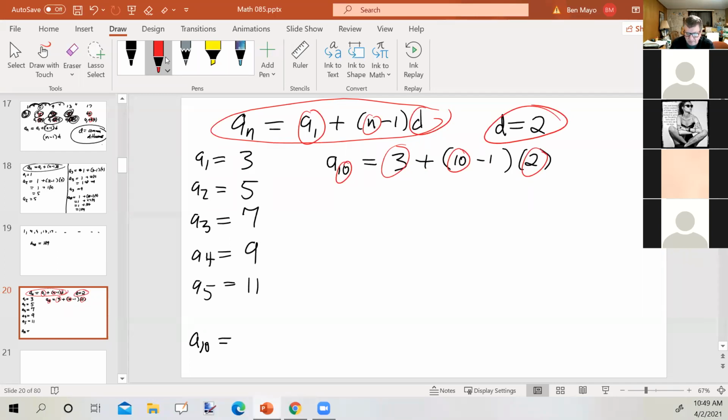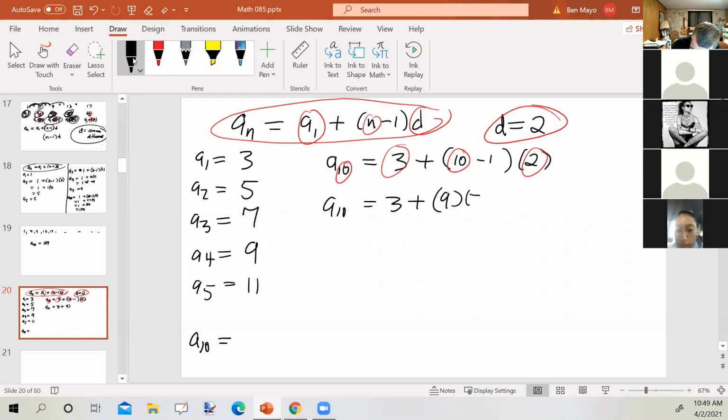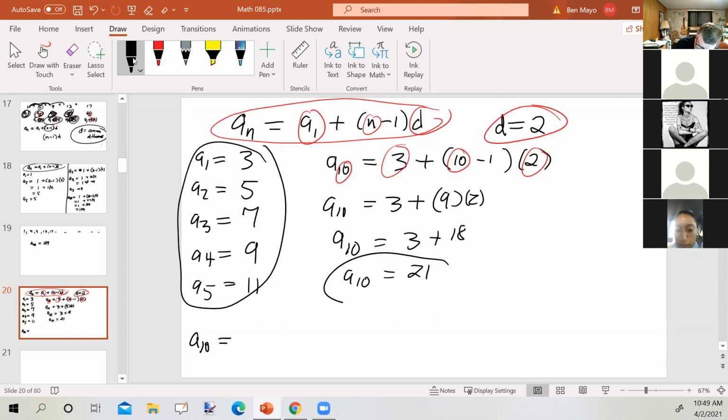Any questions yet? All right, so a sub 10 equals 3 plus 9 times 2, 10 minus 1. A sub 10 equals 3 plus 18, a sub 10 equals 21. So there's the first 5 terms, and there is the 10th term of that arithmetic sequence. Any questions on that?